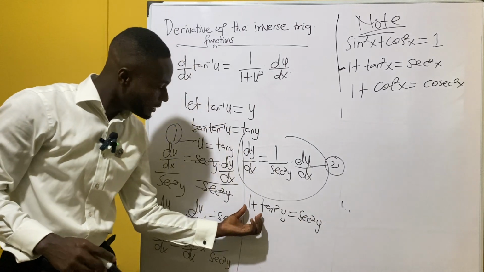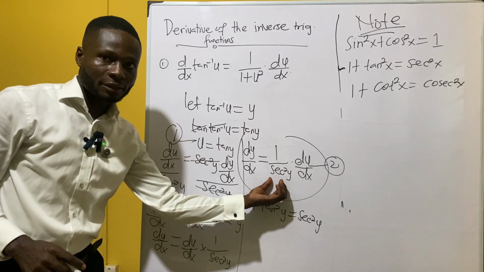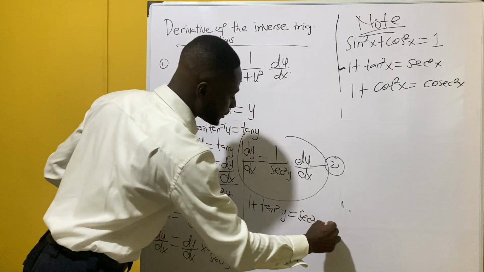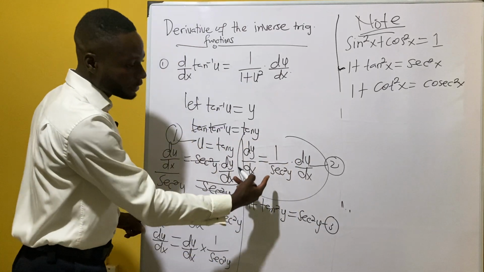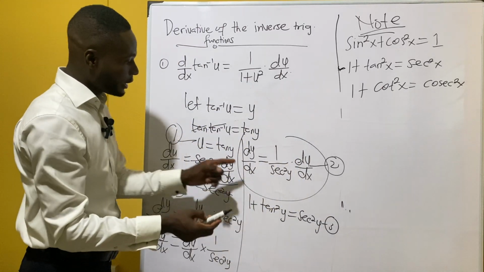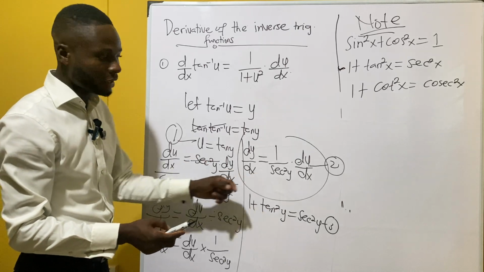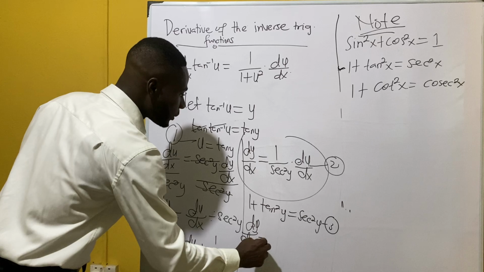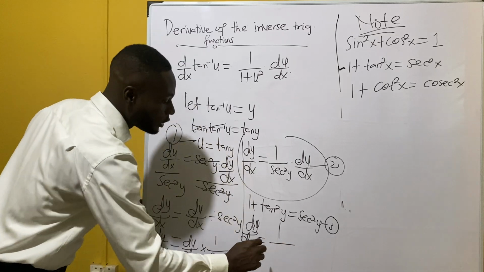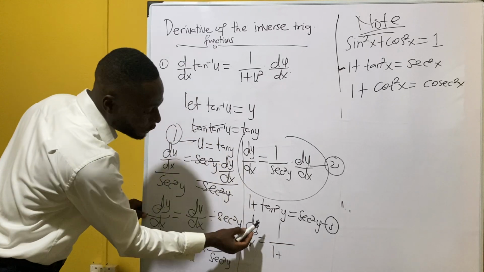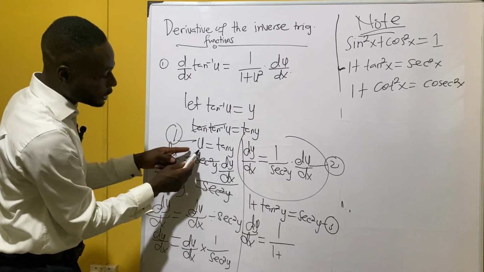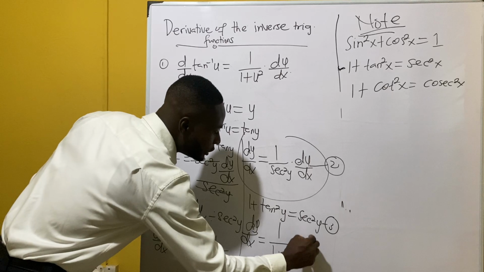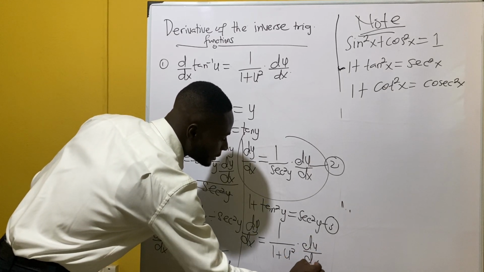So we fit this into this, and then we can say that we are putting 3 and 1 into 2, right? So now we can have dy dx equals 1 over 1 plus, you know that tan is already u here, so u squared times du over dx, right?